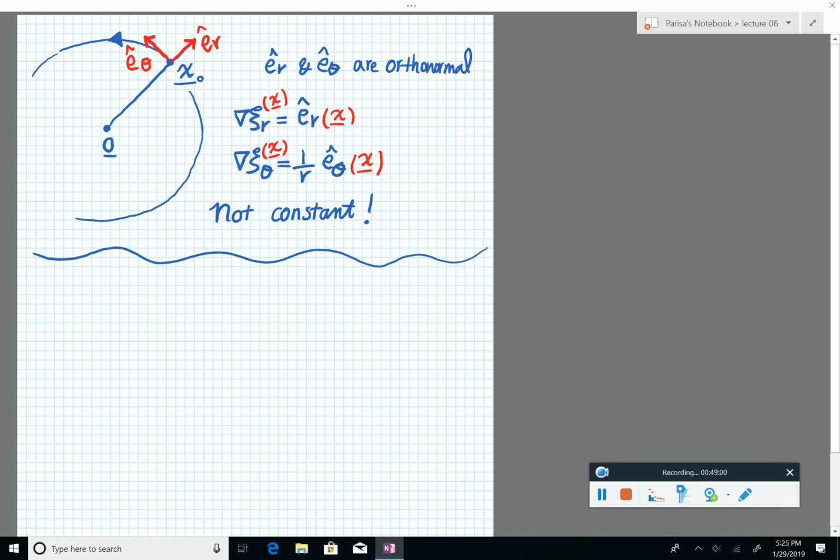Now that we know this, let's go back and try to write the gradient of f in polar coordinate system. Go back to your notes from today. Write the general expression for the gradient of a scalar valued function f.